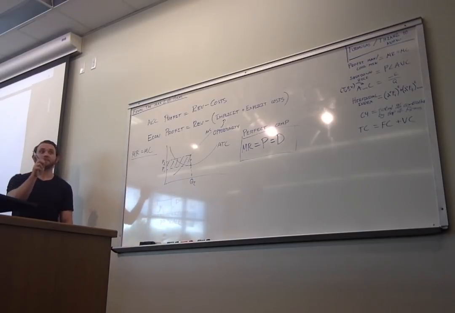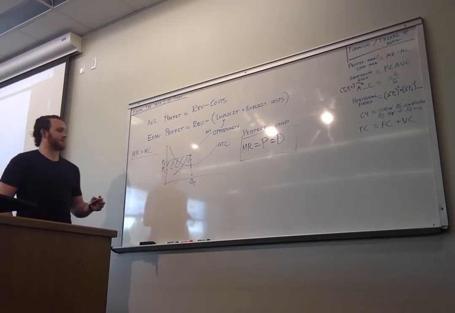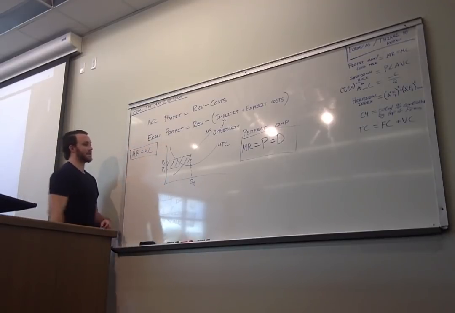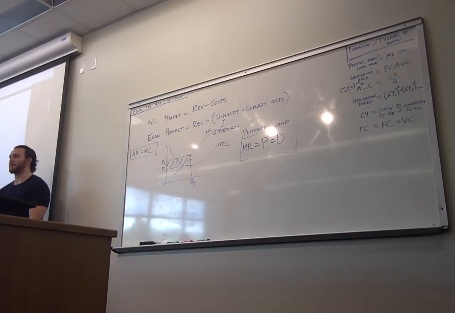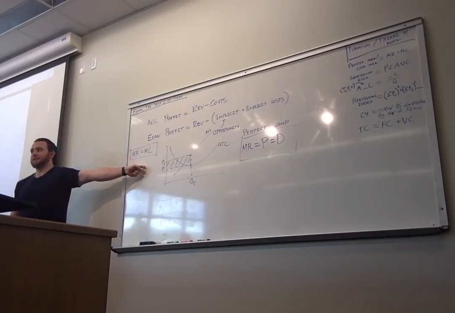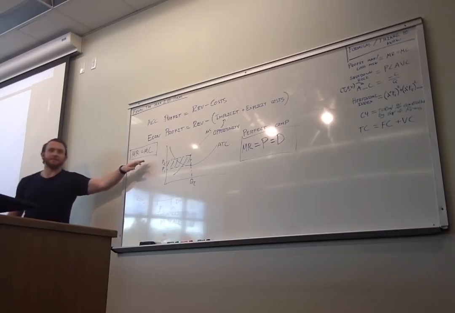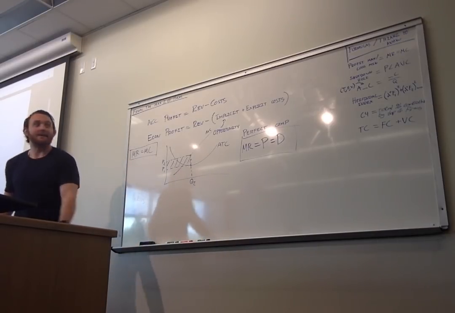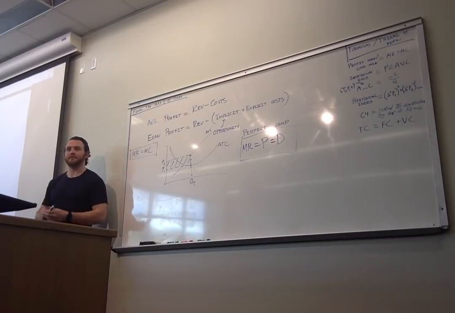We'll get to some problems that are like that in just a minute. But just know, every time you see one of these, for the vast majority of problems, please use this. That's almost always what you're going to be looking at. There's very few exceptions. So the shaded area, again, what was that? That's economic profit. Economic profit.